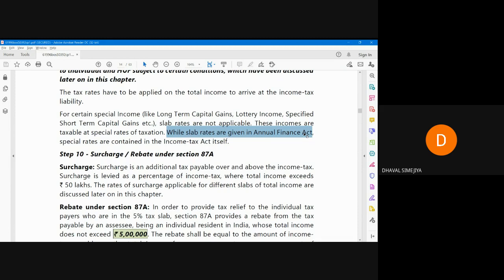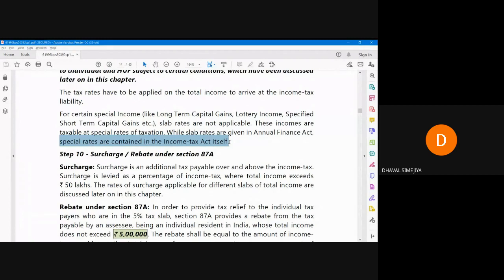If in 2018 it was different, in 2019 it was different, in 2020 it was different, it will be changed according to the requirement, but special rate will not change. It will be given in the Income Tax Act 1961, so it cannot be changed. So it is one of the important lines.